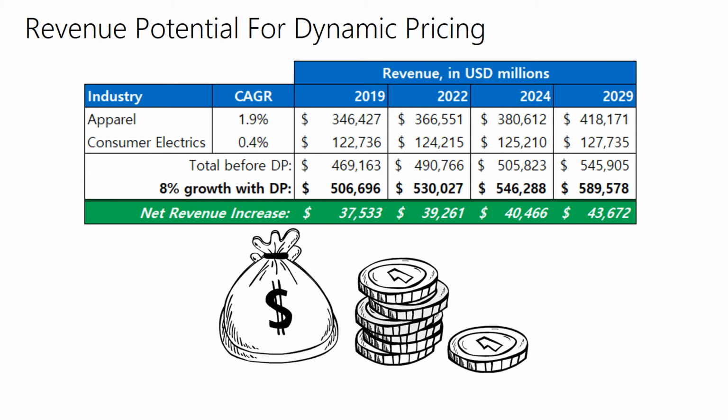So then we applied an 8% growth rate on top of the baseline revenue. As a result, we've estimated that the implementation of dynamic pricing in these two industries could generate up to $39.3 billion, $40.5 billion, and $43.7 billion over the next 3, 5, and 10 years.